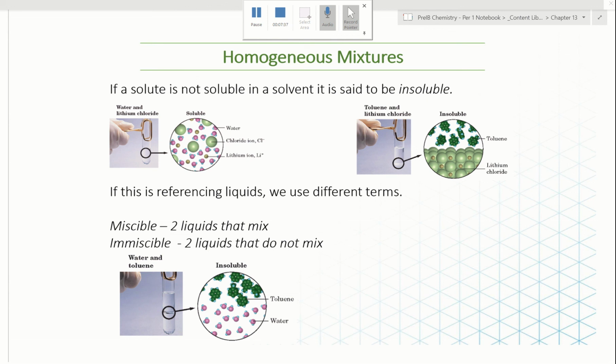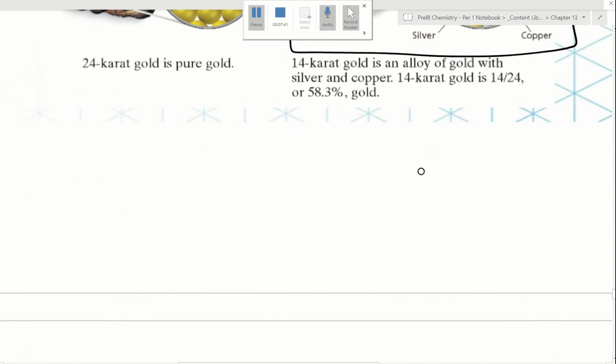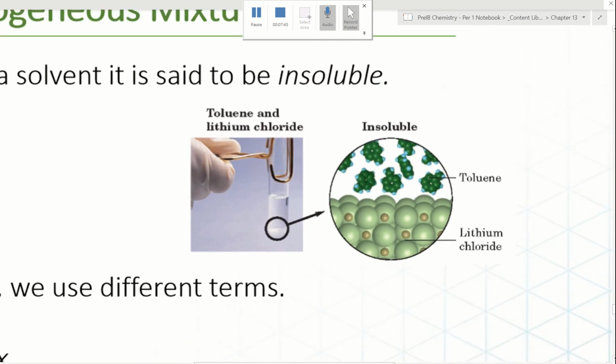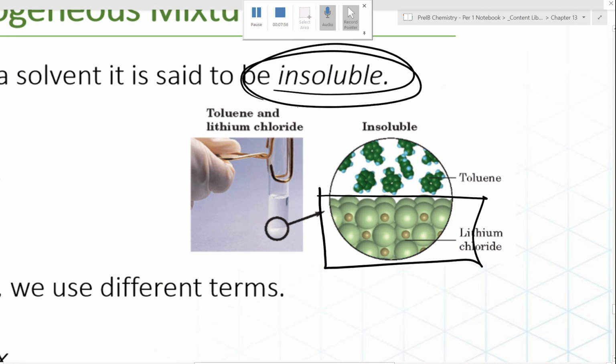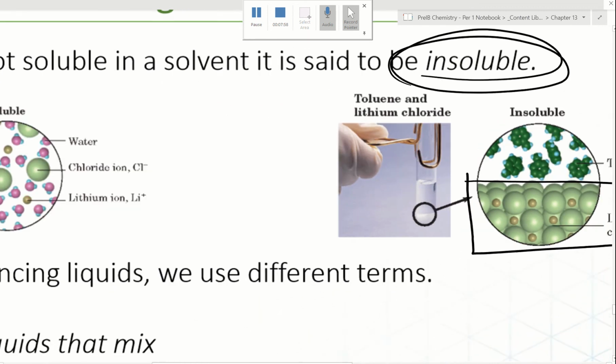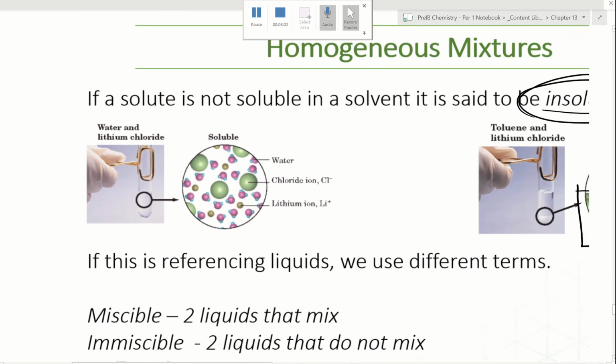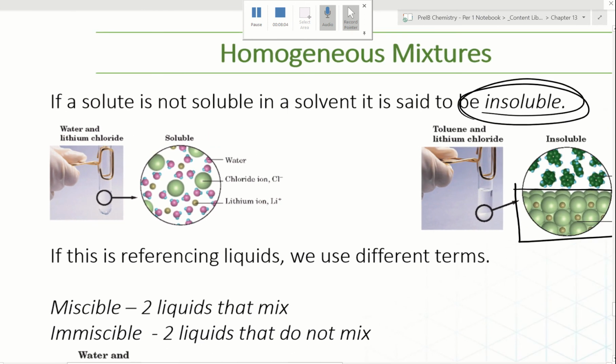However, if we have two things that we mix together, like here we have lithium chloride and toluene, the lithium chloride separates at the bottom and does not dissolve, so we would say lithium chloride is insoluble in toluene, but lithium chloride in water forms a solution, so we would say it's soluble.